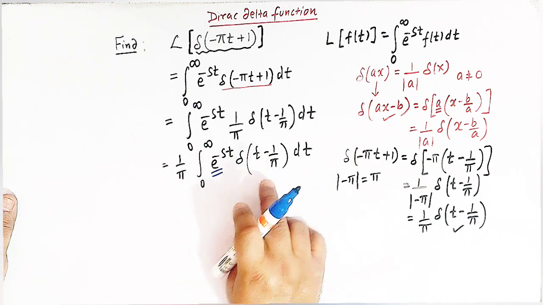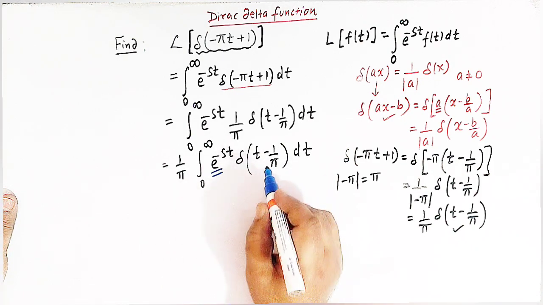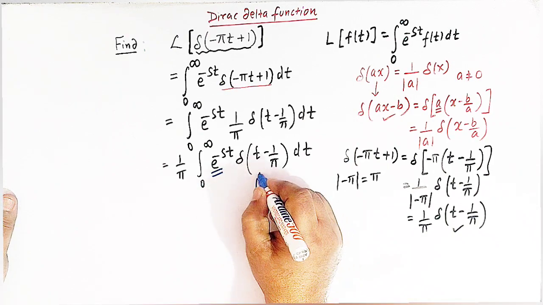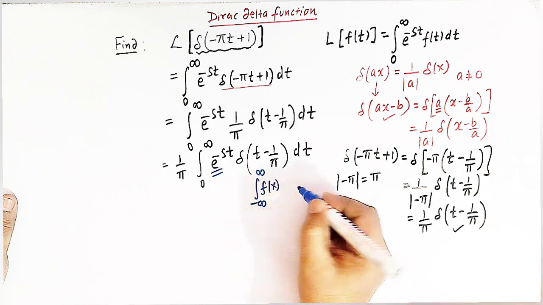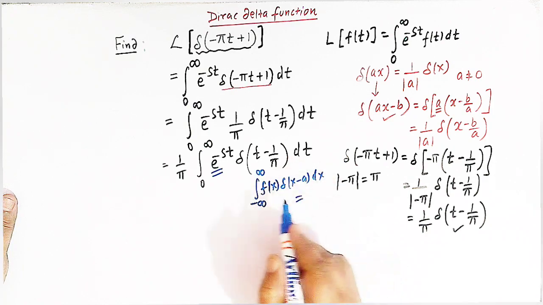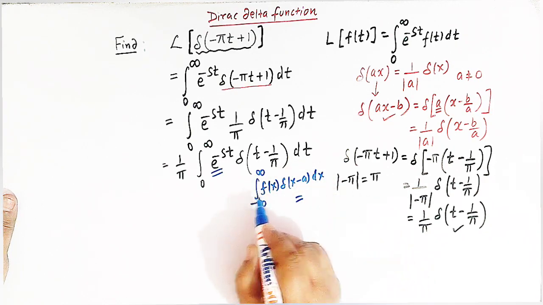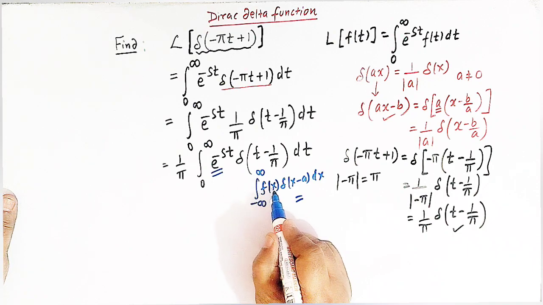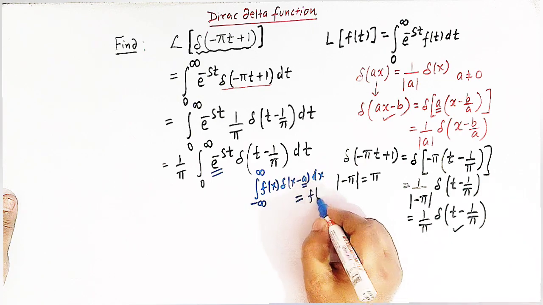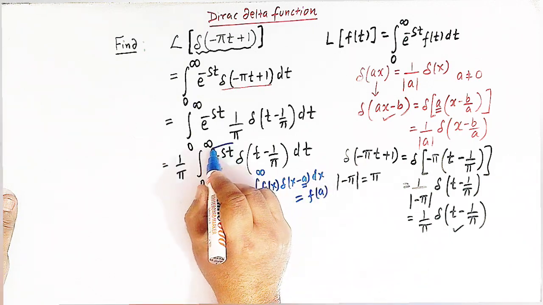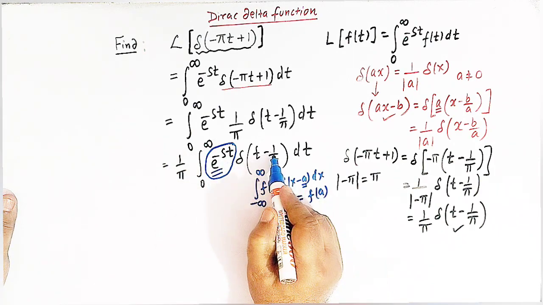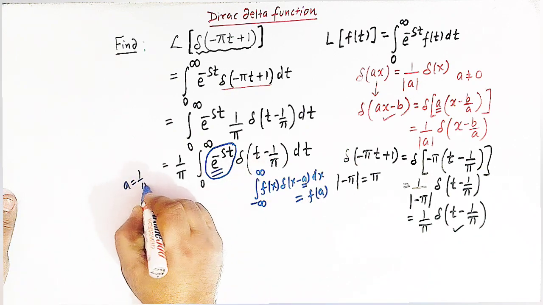We can evaluate this integral by using the definition of delta function: the integral from minus infinity to infinity of f of x times delta of x minus a, dx, has the value of the function f of x at the point a, that is f of a. Here the value of a is 1 over pi.